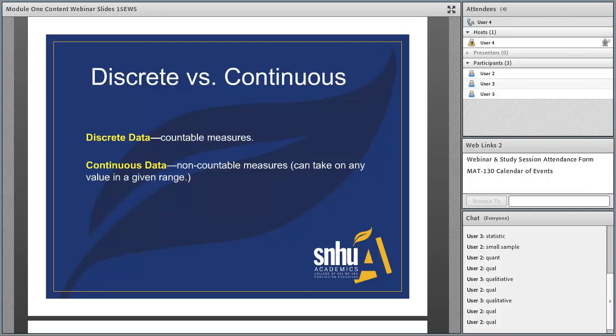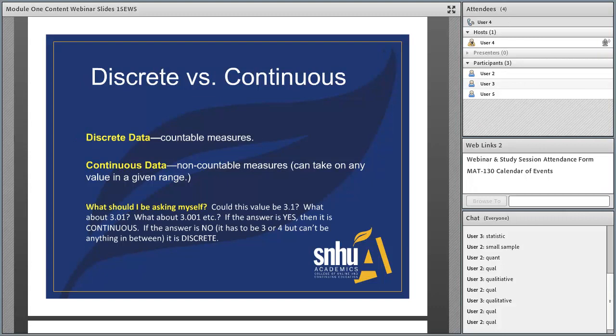When you see something and you want to know if it's discrete or continuous, ask yourself: can it be anything in between 3 and 4, or does it have to be either 3 or 4? Is it possible for it to be 3.1? Can it be 3.01? Can it be 3.0001? If it's continuous, it can be any number between 3 and 4. So if your answer is yes, then it's continuous. If the answer is no, then it's discrete.